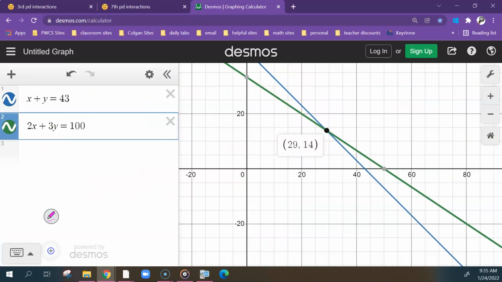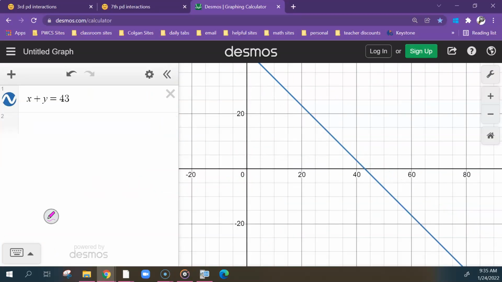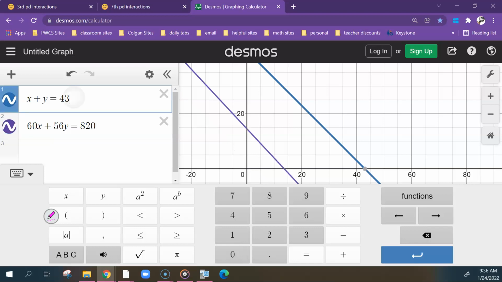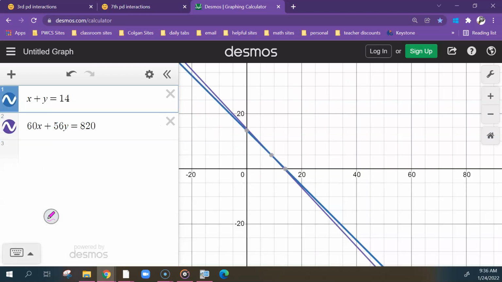60X plus 56Y equals 820. And X plus Y equals 14. 9 and 5.